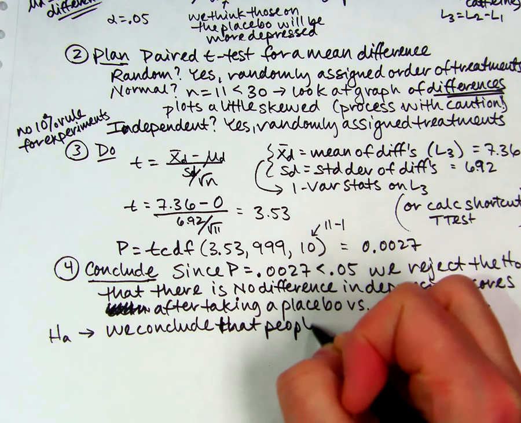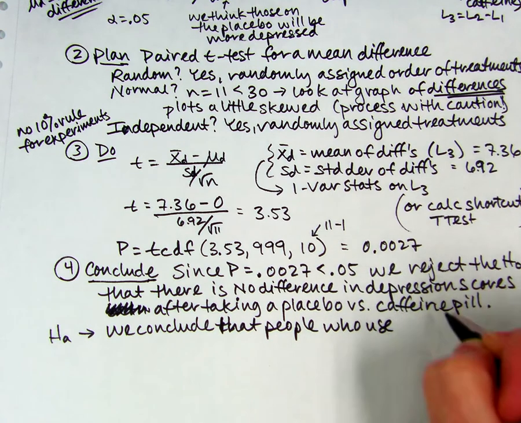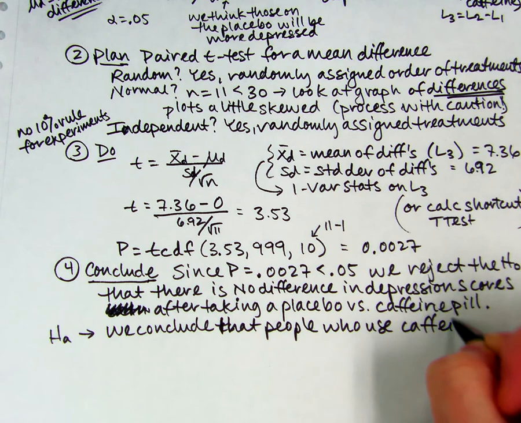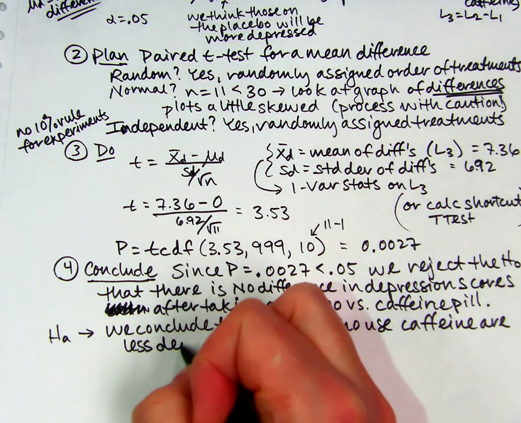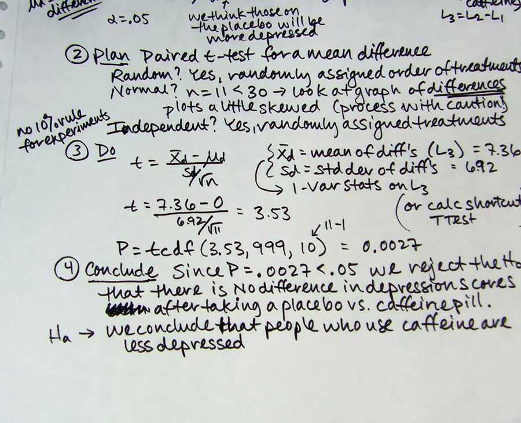People who use caffeine are less depressed. Or you could have said the opposite. You could have said that people who use a placebo are more depressed than those who use caffeine.